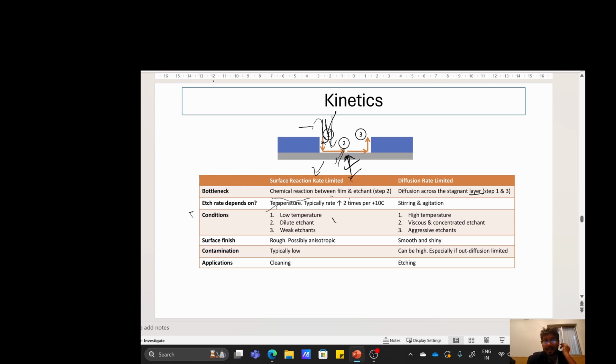If we increase the temperature, that can increase the kinetics of this reaction in step 2, which depends on the reaction constant K. We can make it faster if we increase the temperature.